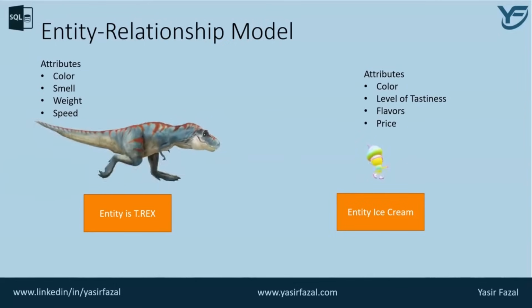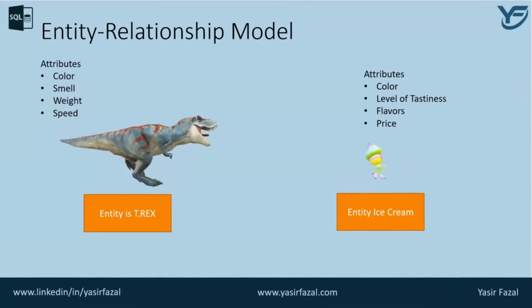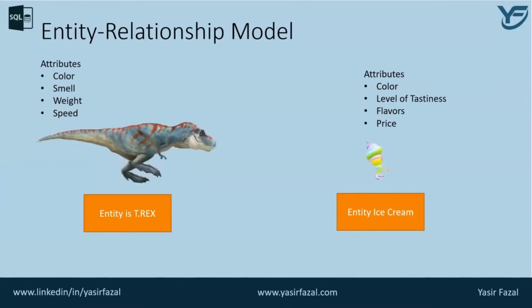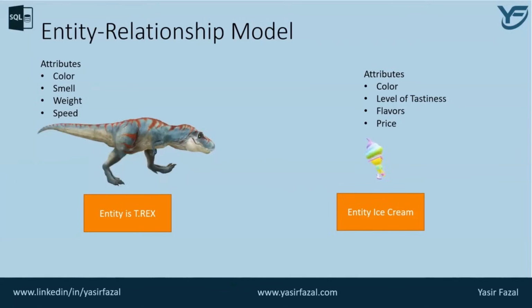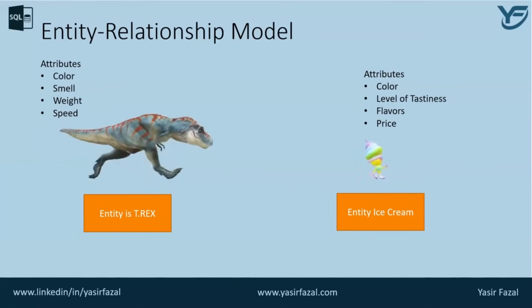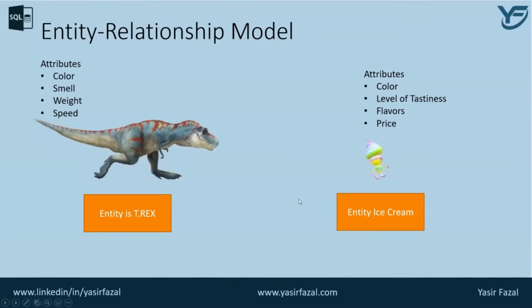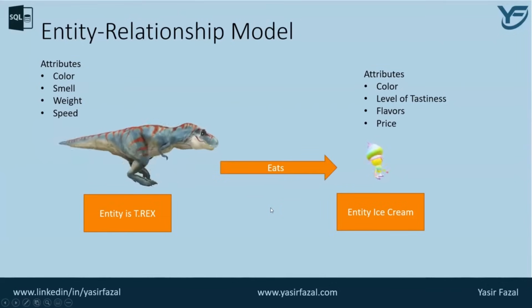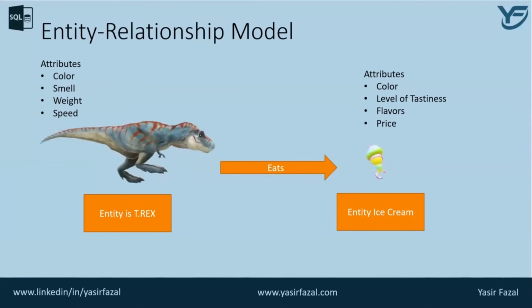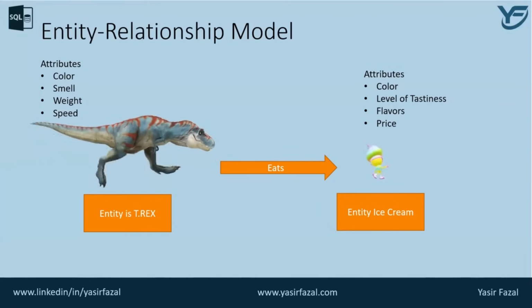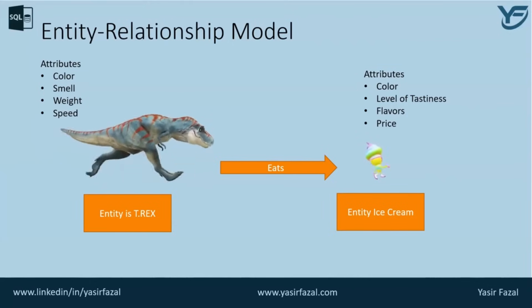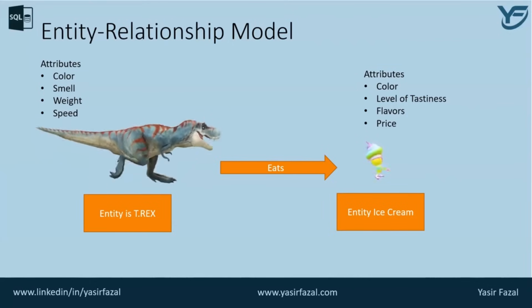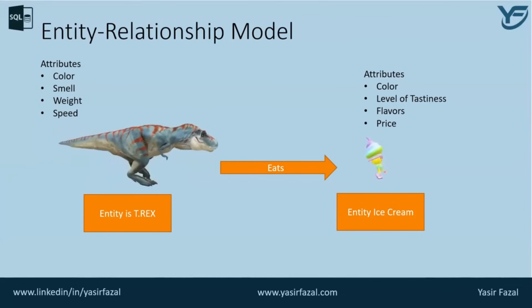So how are these two entities related to each other? We have defined the entities and the attributes, but the relationship is missing here. The relationship here is that the T-Rex would like to eat the ice cream. I know it's quite a silly example, but I haven't found any meat for the T-Rex, so the T-Rex is obliged to get the ice cream.